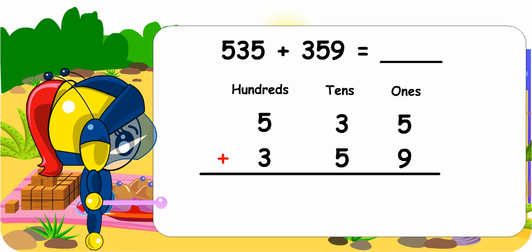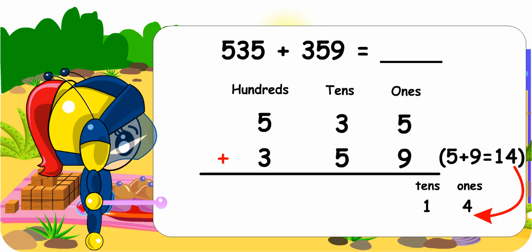Finally, in today's lesson, we will learn how to add 3-digit numbers. I am going to show you how to add 535 and 359. As usual, we start off by adding the ones. 5 plus 9 to get 14, which is 1 ten and 4 ones. So we write 4 in the ones place.